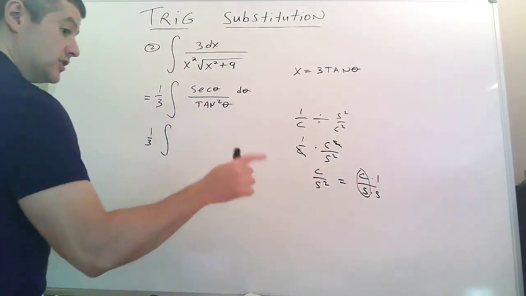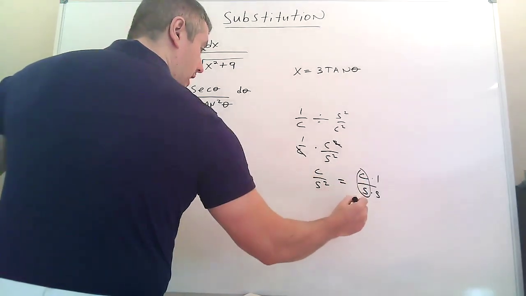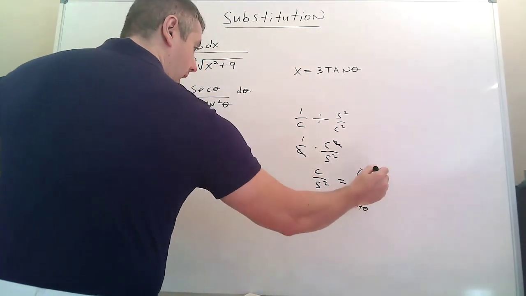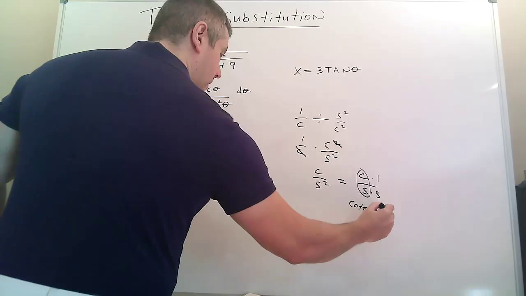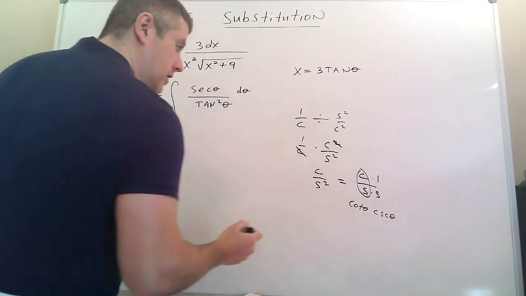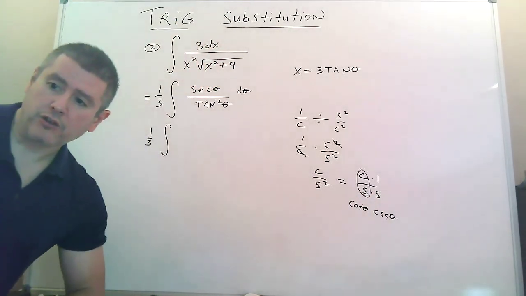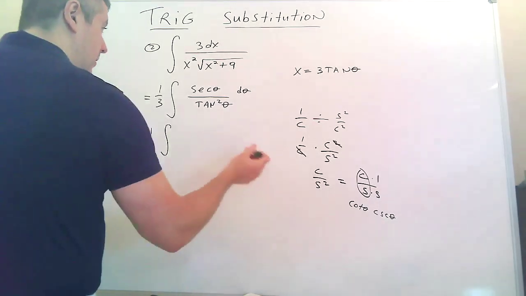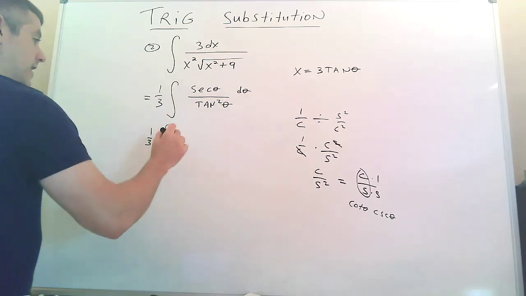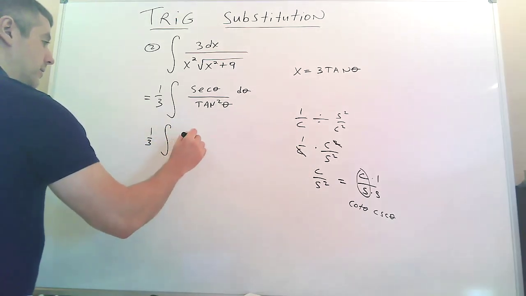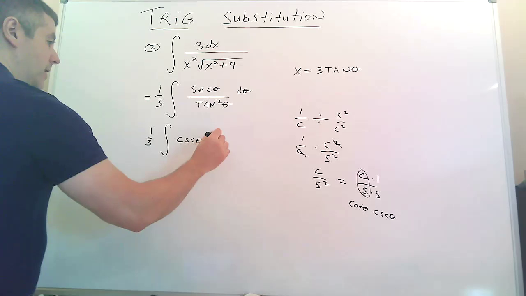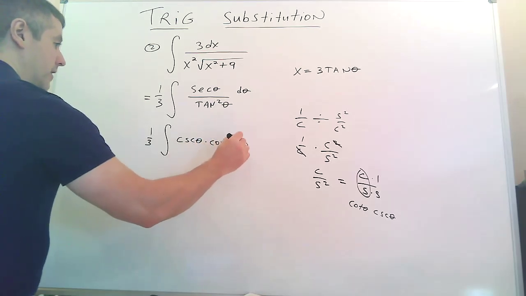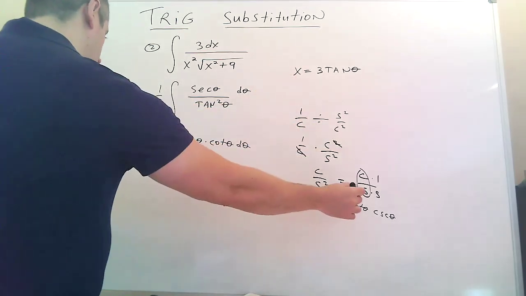Now tangent is sine over cosine, but cosine over sine is cotangent. And 1 over sine is cosecant, our buddy. So that whole thing simplifies down. Using your trig identities, you're going to get cosecant times cotangent d theta. I do this little simplification.